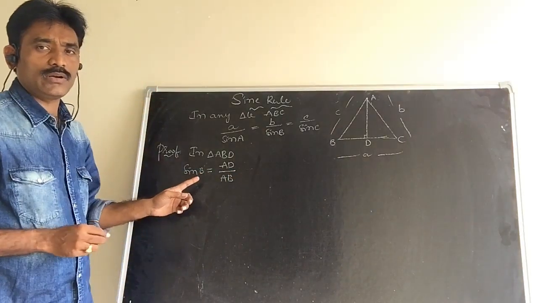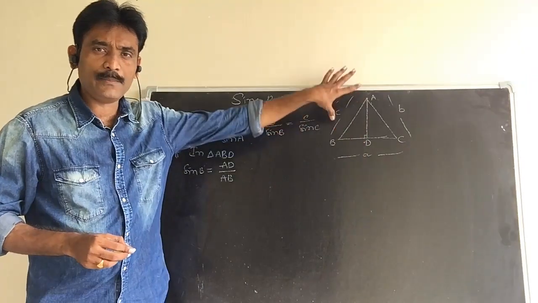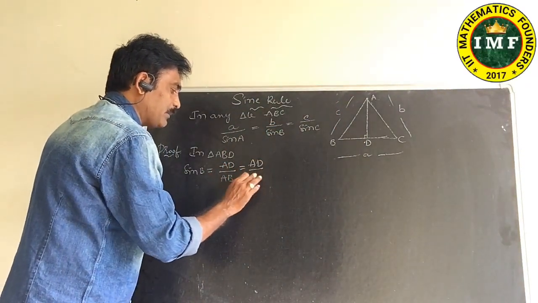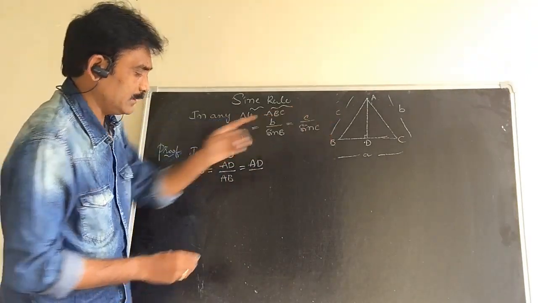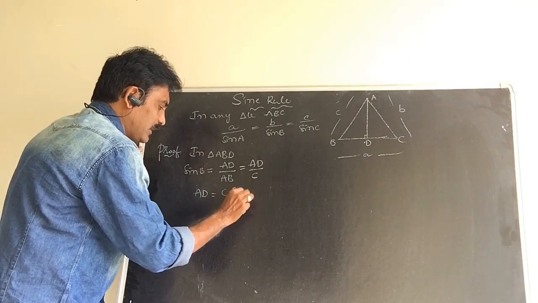So sin B is equal to AD by AB, which is AD by c. So AD is equal to c sin B.